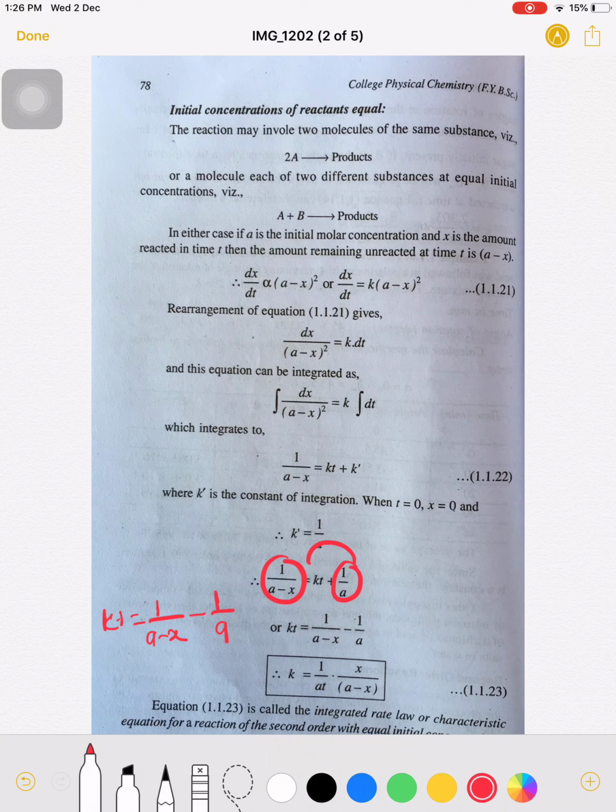Again this equation is written here as k is equal to... now see here, I will solve this equation.